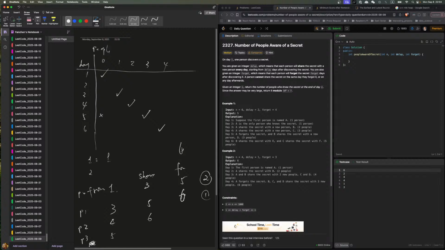So we should actually say wait for 4 days, and on that day we cannot do it. Day 6 we still can, so it's day 7. So this is actually day 7, and so this can have 2 people.